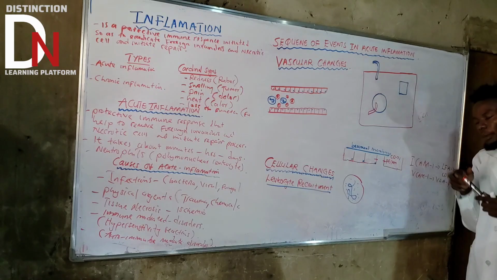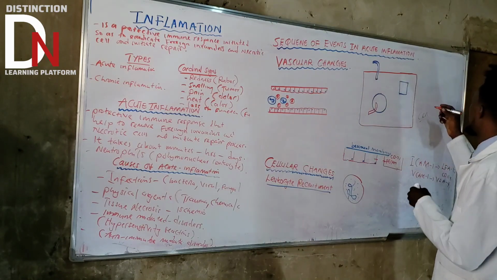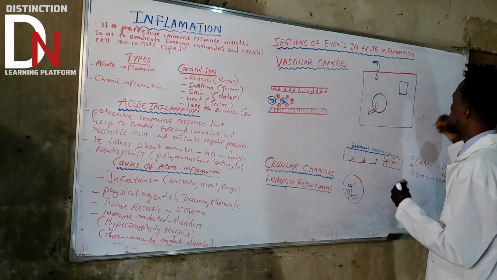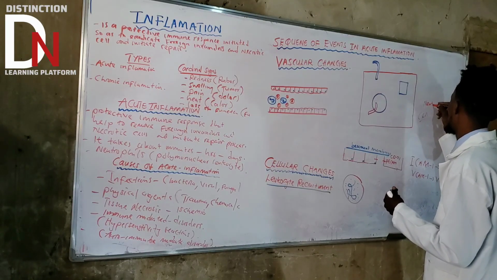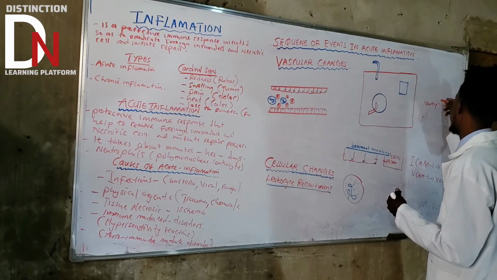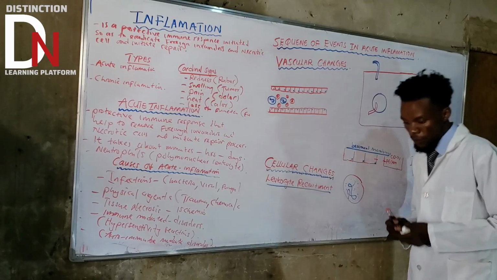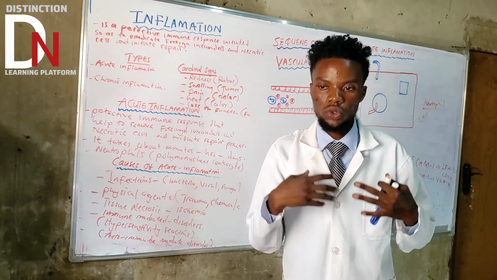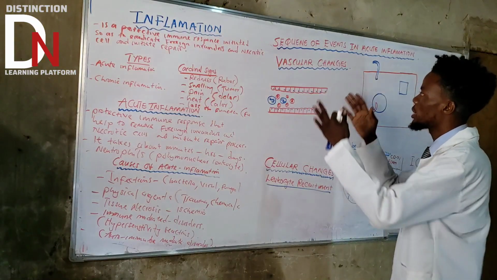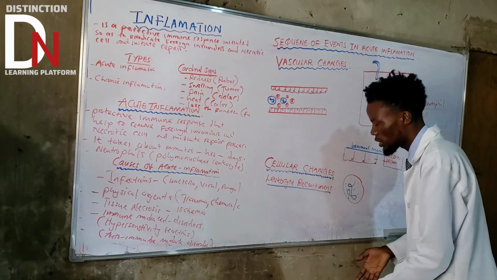I like neutrophils. So this is a neutrophil. Now, how is the neutrophil going to be activated and lead to vascular changes and cellular changes?